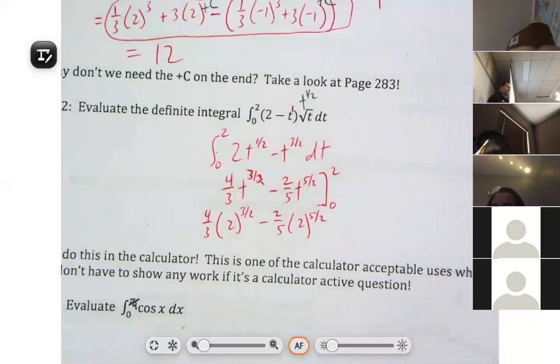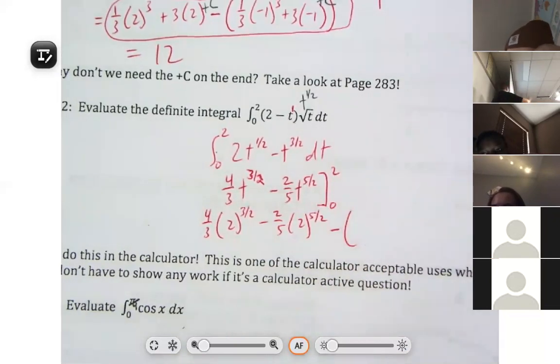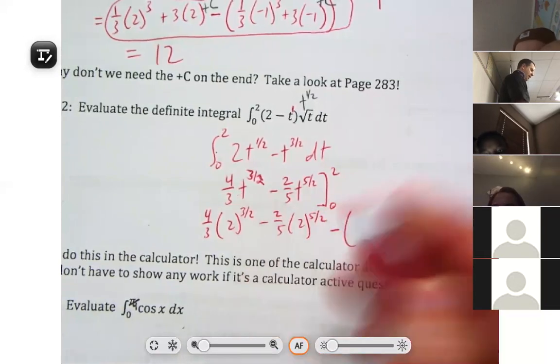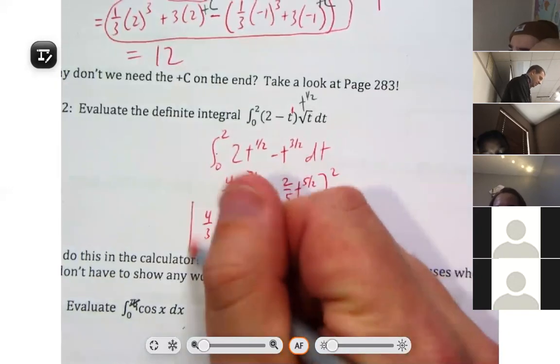And then as soon as I finish the second one, I would put minus parentheses. Always. That way you don't have to mess with that negative. It doesn't cause much confusion. The nice thing on this one, when one of your limits is 0, if I plug 0 in for these t's, they just go away. So I don't even have to worry about the second part. And I am not going to mess with this one. This is my answer. I'm not dealing with that stuff.